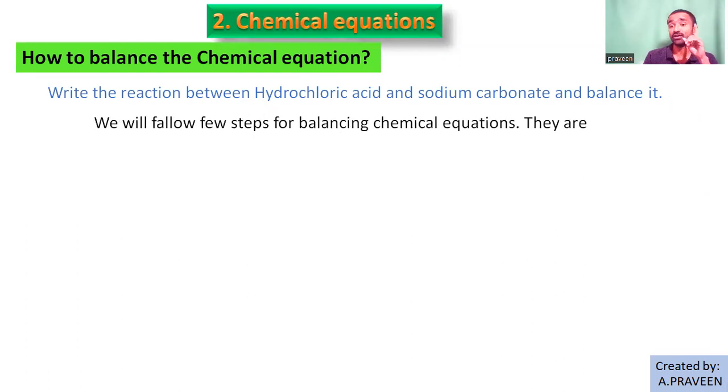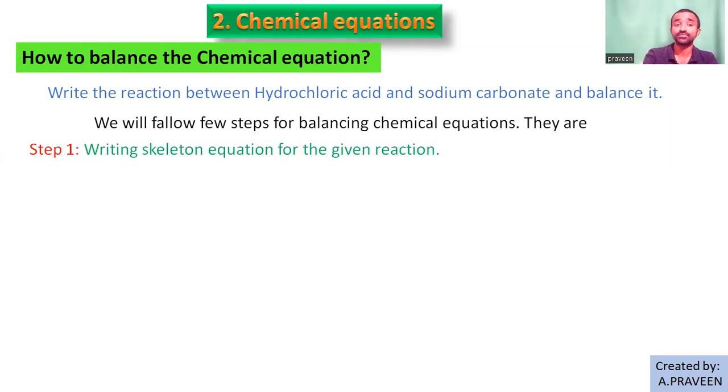First step is writing the primary equation. You can mention it as primary equation, not as skeletal equation. It may not always be skeletal; sometimes it may be balanced also. So it is better to mention it as writing the primary equation for the given reaction.